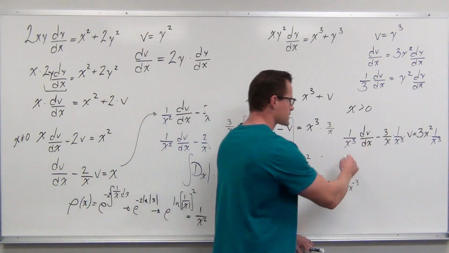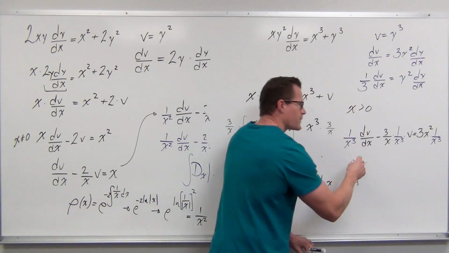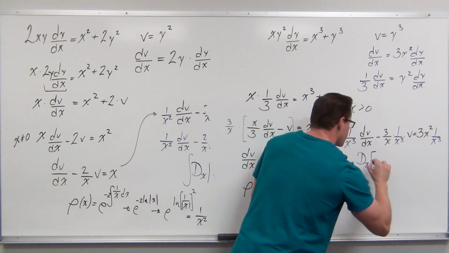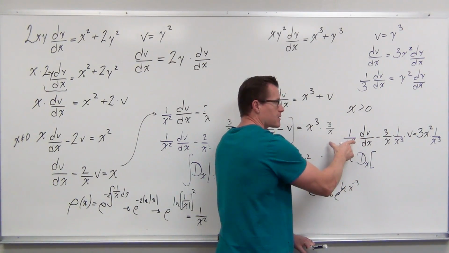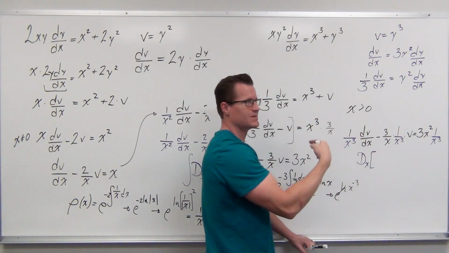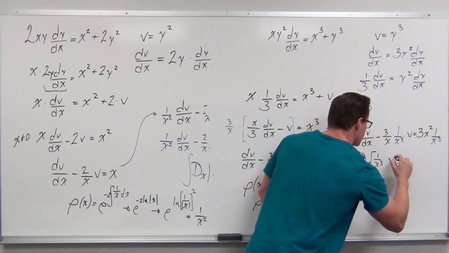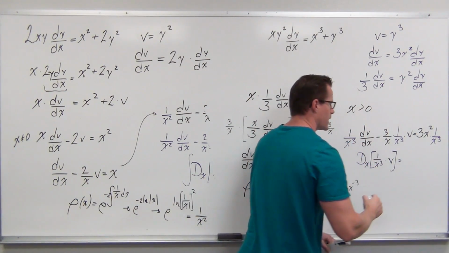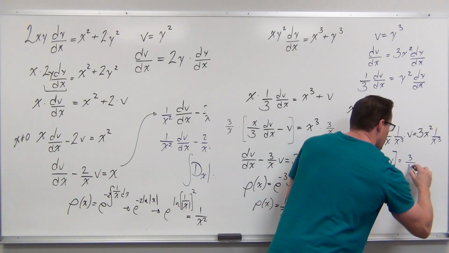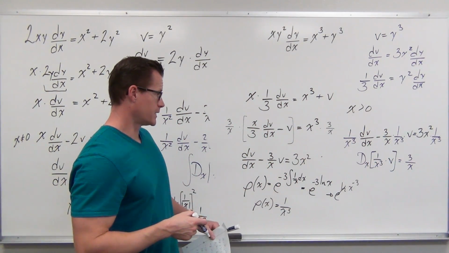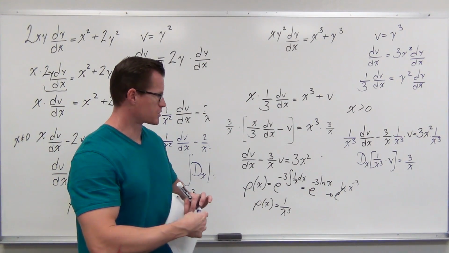Okay, so on the left-hand side, this is the result of a product rule. We can go straight for that derivative with respect to x of the product of the functions you wouldn't have taken the derivative of. So that's 1 over x cubed times v. On the right-hand side, we get 3 over x. Okay, let's take an integral of both sides with respect to x.